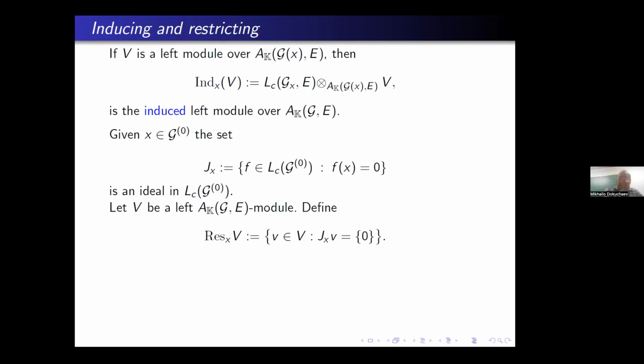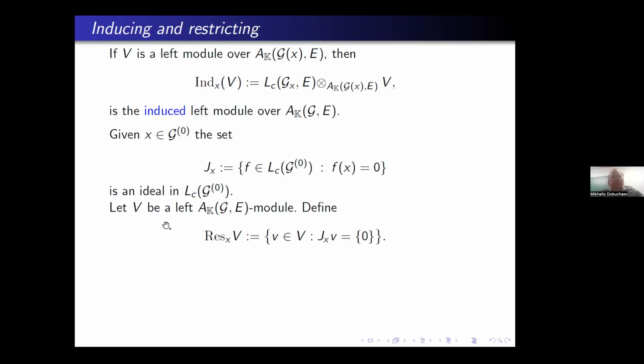We also have the restriction process. For this, again fix a point from the unit space and consider the ideal of all locally constant, compactly supported functions defined on the unit space whose value at this point X is 0. It's easy to see that it's an ideal in this commutative algebra, since these locally constant functions form a commutative algebra under pointwise multiplication.